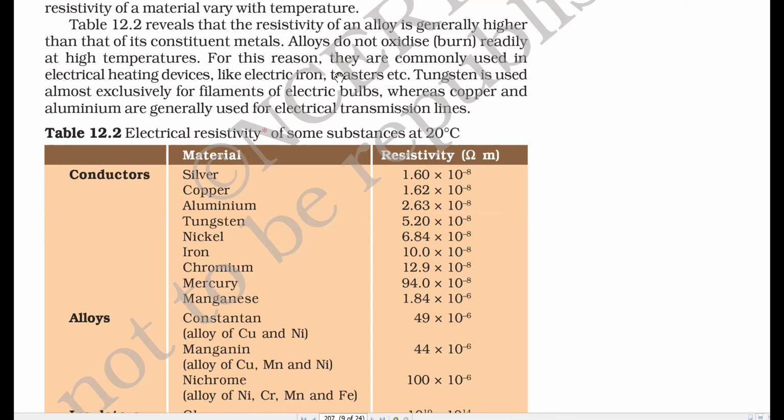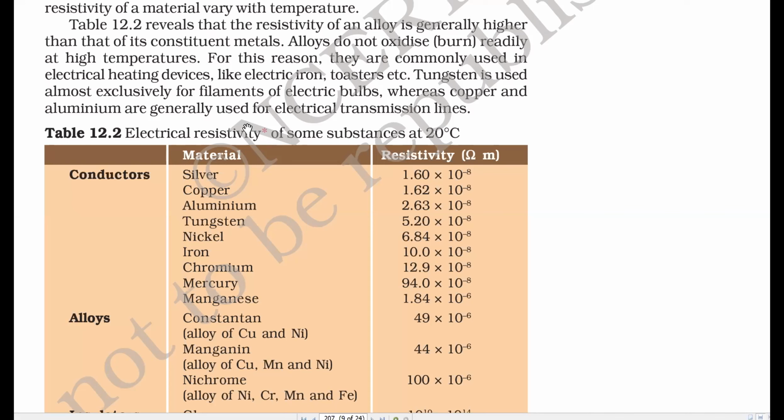So you have to write: resistivity of alloy is more than resistivity of conductors, plus alloys do not oxidize readily at high temperature, therefore usually the heating element of these devices is made up of alloys.